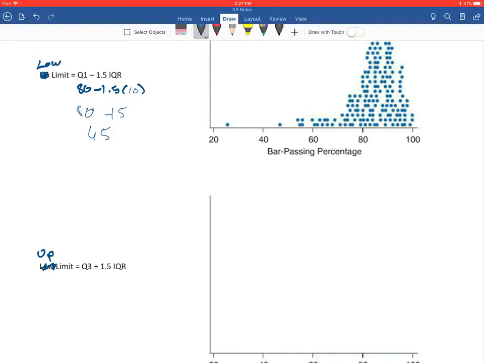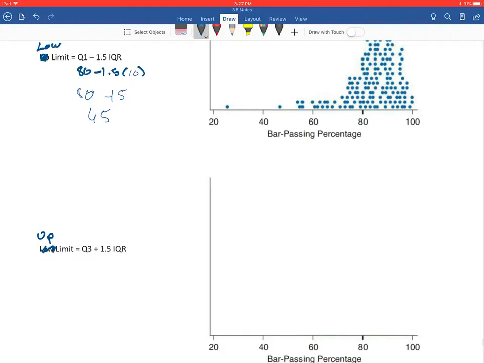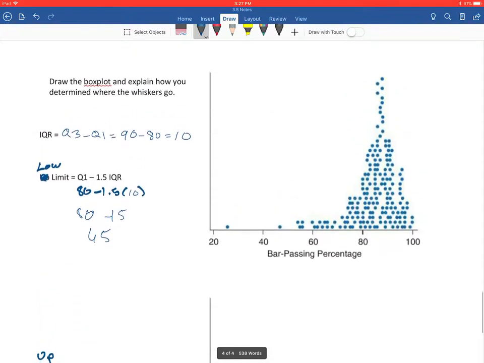Okay, I'm going to leave some space here and we will determine whether we really want to make it go out that far or not. So right now that's my potential end of my whisker. Let's go ahead and calculate the upper limit. The upper limit then is 90 plus 1.5 times 10, which is 90 plus 15, which is 105. Okay, so potentially that's how far we're going to draw out our whiskers.